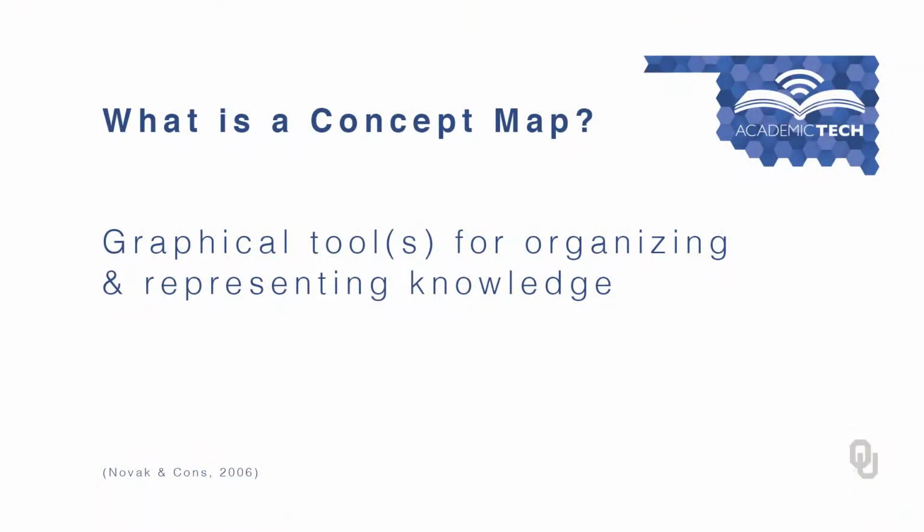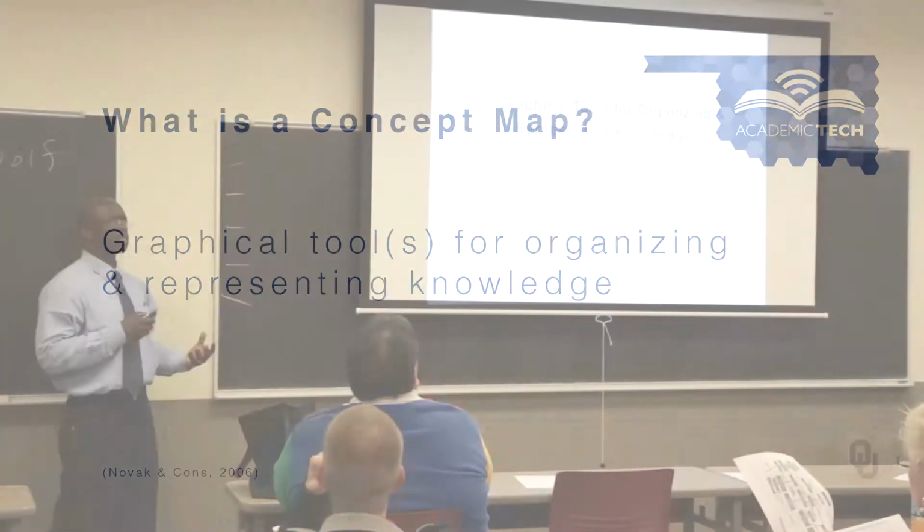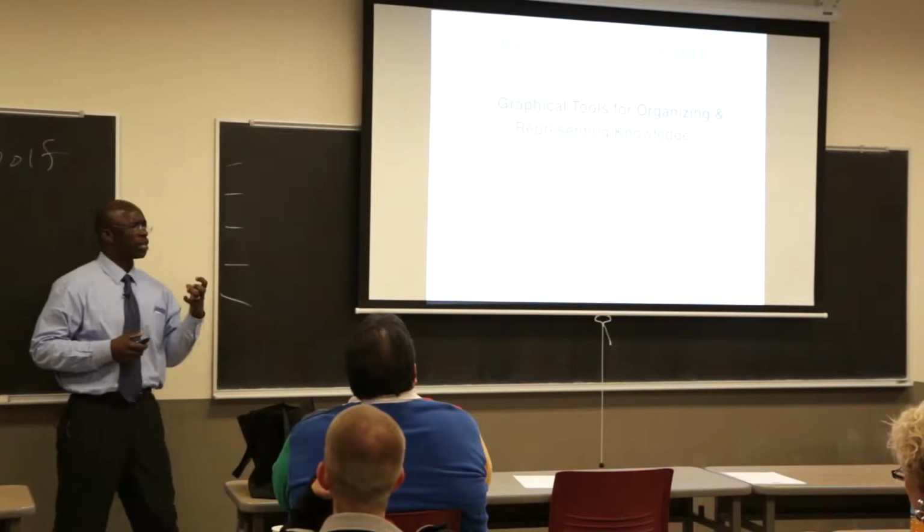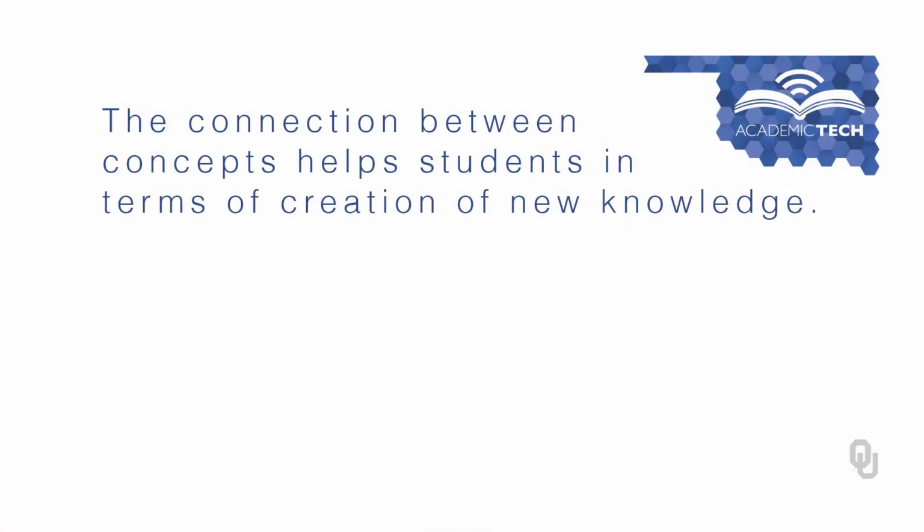So concept map, the idea came from Novak, Joseph Novak out of Cornell. And it really came from brain research. And what he did was he thought about, well, when students learn concepts in any area, the connection between those concepts helps them in terms of creation of new knowledge.